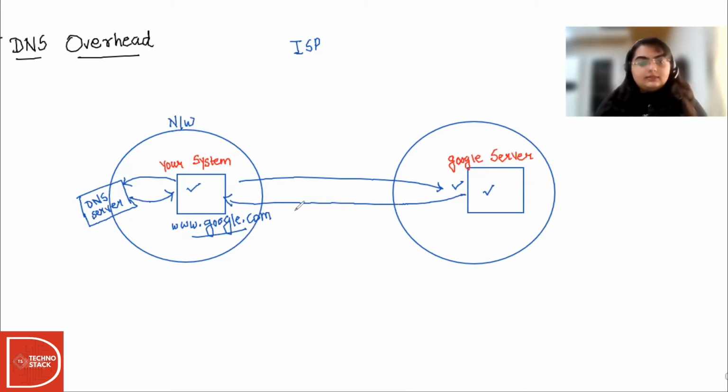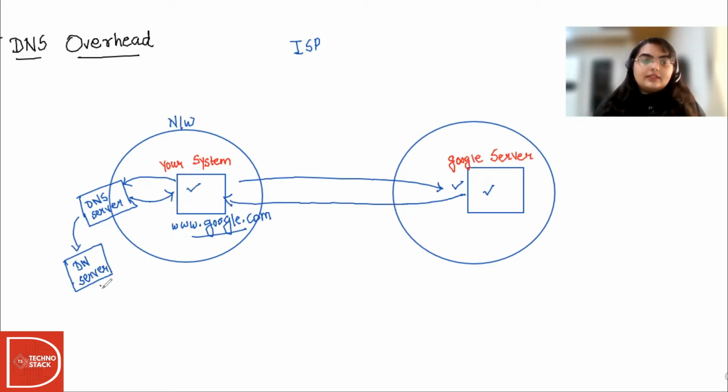Now this is what a DNS server does. This entire process is known as DNS overhead. So what if our DNS server doesn't have the IP address that we require? In a network, or in various networks, there is more than one DNS server. So if one DNS server doesn't have a certain IP, it will ask another DNS server.